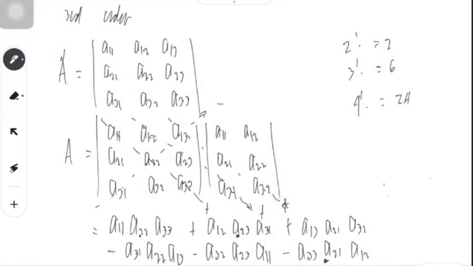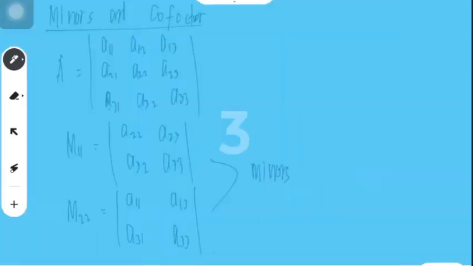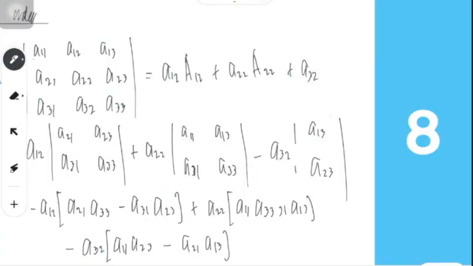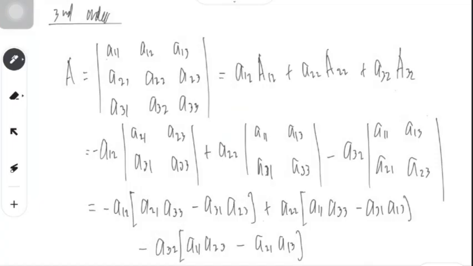O hanapin pa natin itong 32, 23, 11. Negative A32, A23, A11. Yung last expansion natin, second term, negative A32, A11, A23.